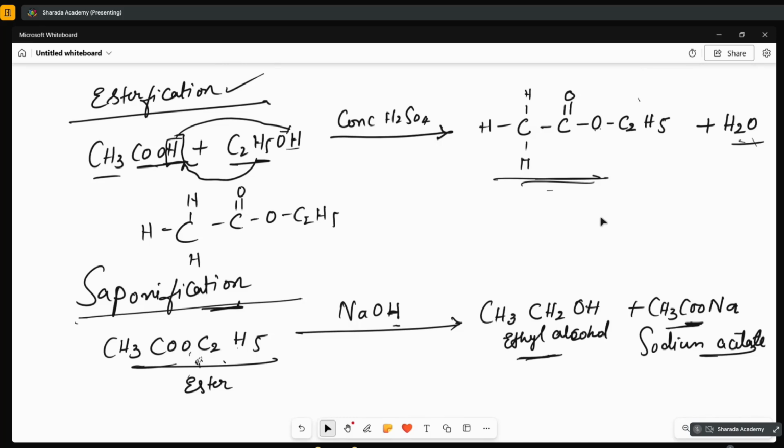That is C2H5 combines with OH, and CH3COO combines with Na. You will get that. And this sodium acetate is used as a raw material in soaps. So ester, they combine this, actually they use in the industries. That is the reason it is called saponification reaction.